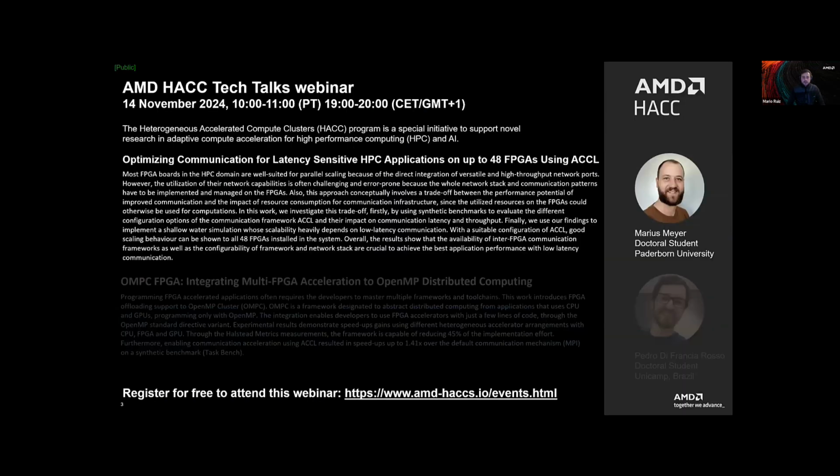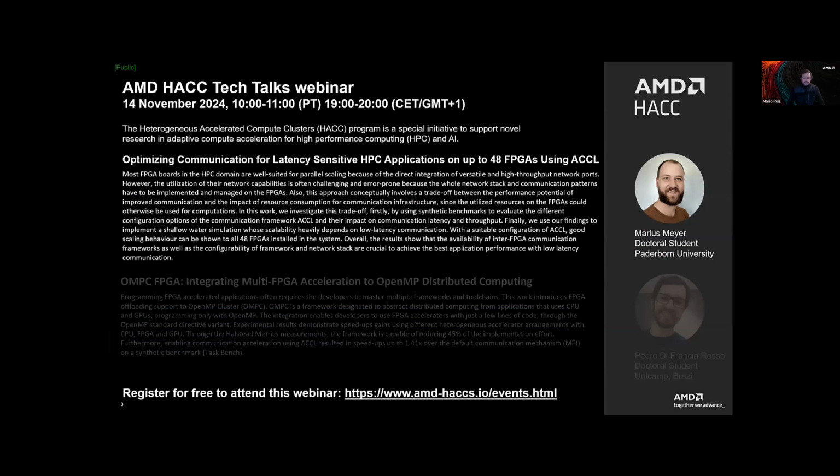In today's sessions, we have two 30-minute talks and the topic for today is HPC applications on FPGAs. We're going to start with optimizing communications for latency sensitive HPC applications on up to 48 FPGAs using HACC.